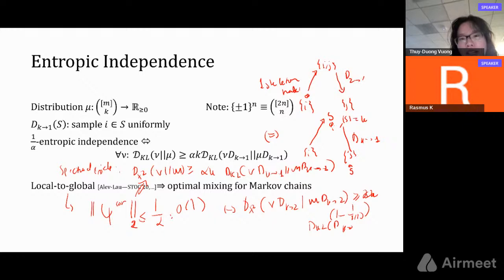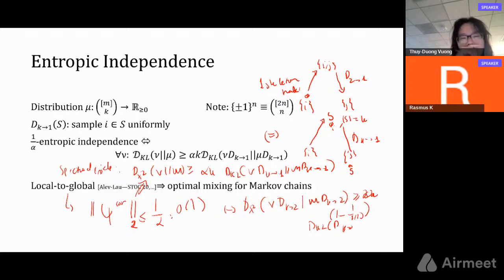So the down step here is operated by something called the 2-to-1 operator, where you take a set of two elements and select one element at random. And the down step here is the k-to-1 operator, where you take a set S and you select one element I from S uniformly at random.